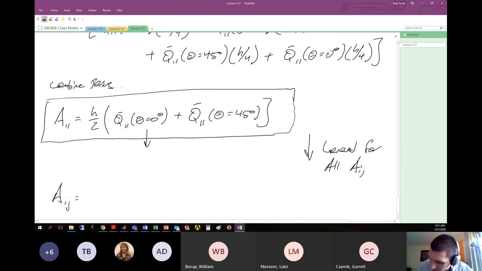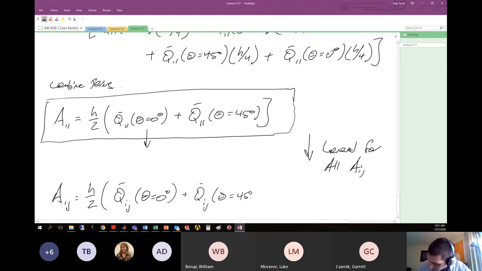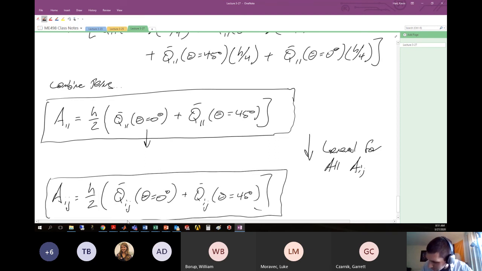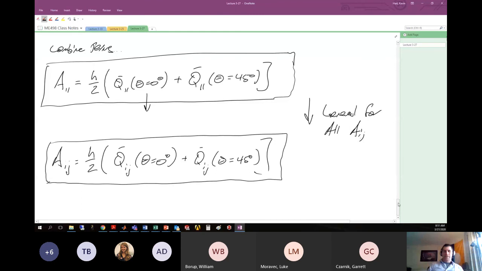So we can generally say that all entries of Aij is H/2 multiplied by Q bar ij for theta equals 0 degrees, plus Q bar ij for theta evaluated at 45 degrees. Okay, and this is the calculation of entries of the A matrix. All right. So that's that.